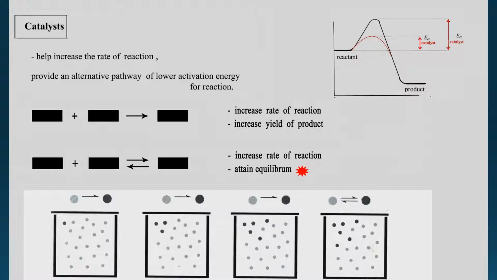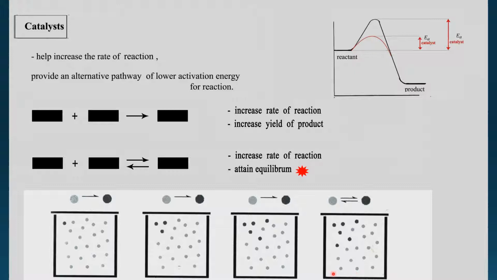Look at this when the equilibrium is reached. Will it give you more black or more white? It will give you just the same, but it will be faster to reach this stage.